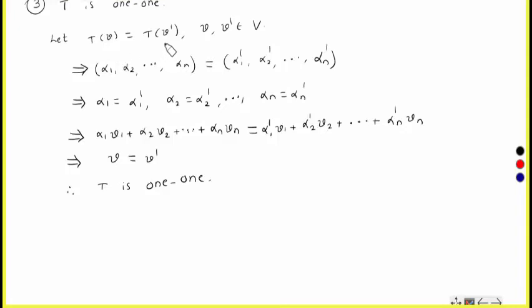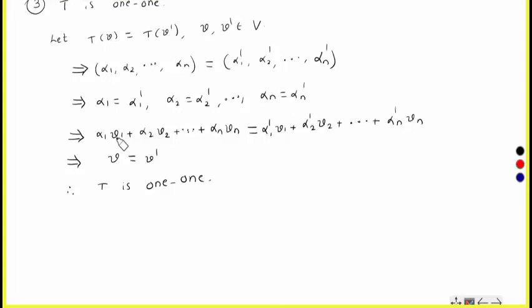So T of phi is equal to T of phi dash implies alpha 1, alpha 2 and so on, alpha n, because this is the value of T of phi, and T of phi dash is equal to alpha 1 dash, alpha 2 dash and so on, alpha n dash. By equality of two n tuples, alpha 1 is equal to alpha 1 dash, alpha 2 equal to alpha 2 dash and so on, alpha n is equal to alpha n dash.